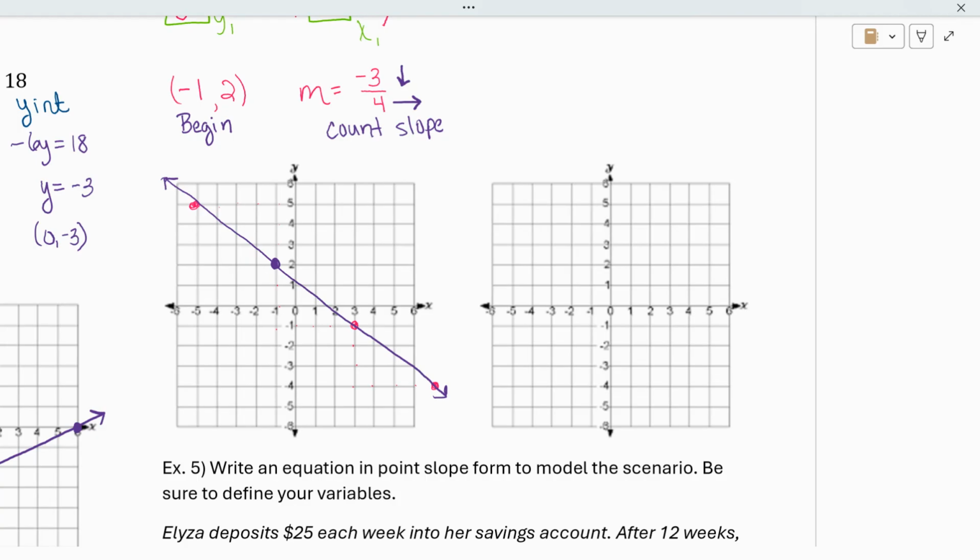So it's important to realize that the equation in point slope form is y minus the y1 coordinate and x minus the x1 coordinate, okay?